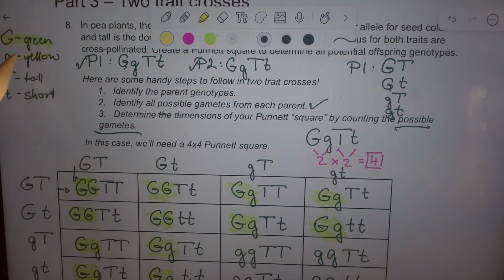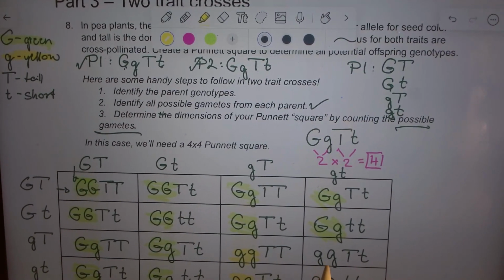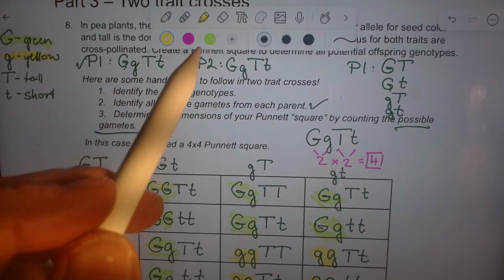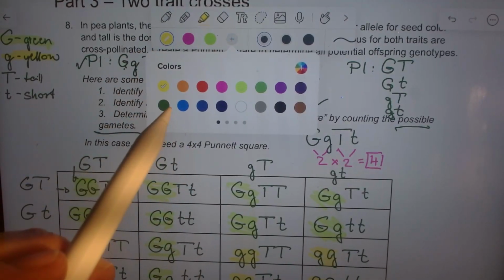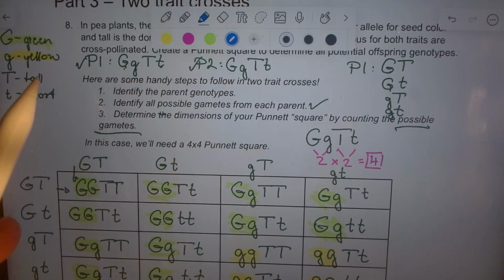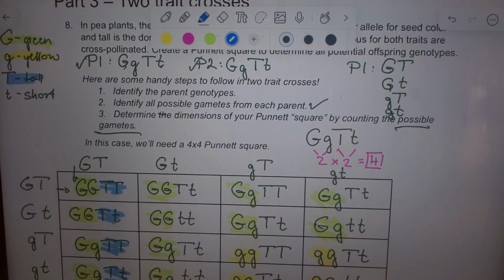If it's going to be yellow color, these are going to be yellow. And height wise, blue will be tall. These are going to be the tall plants.